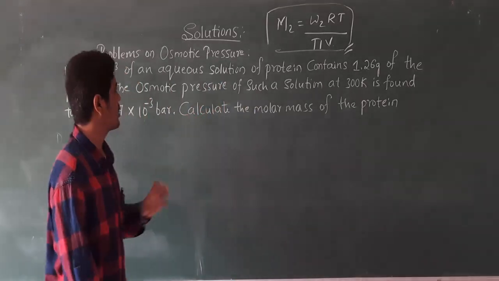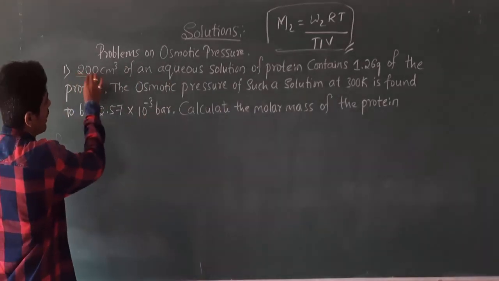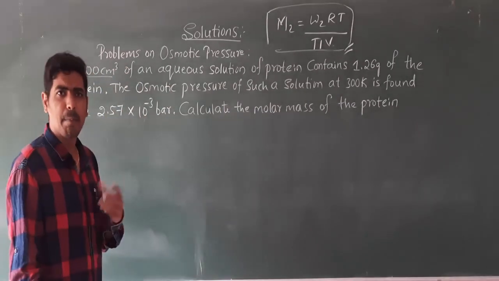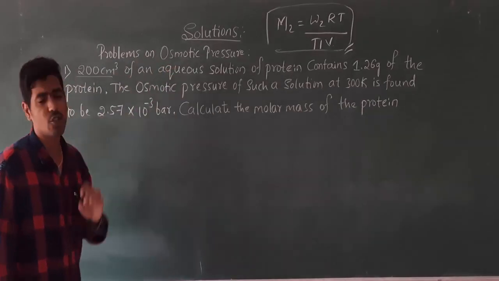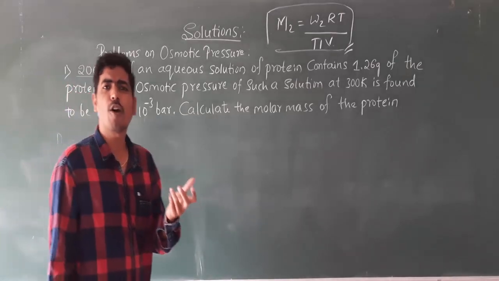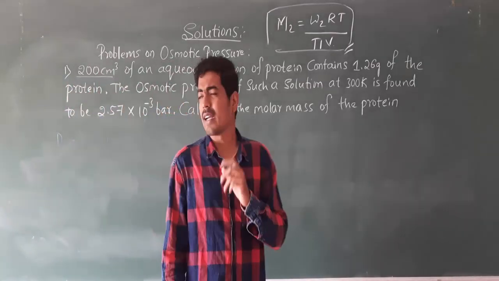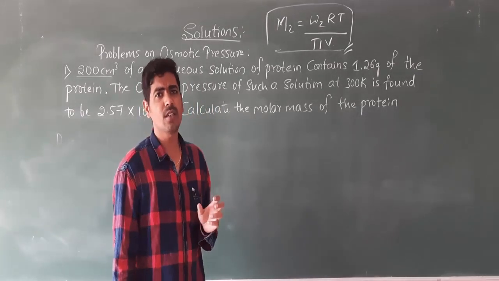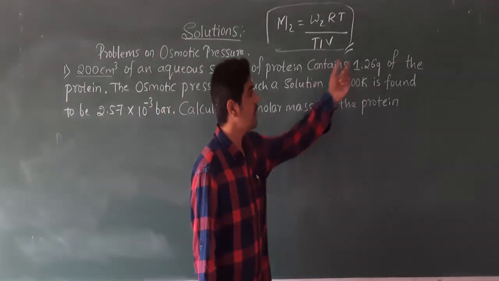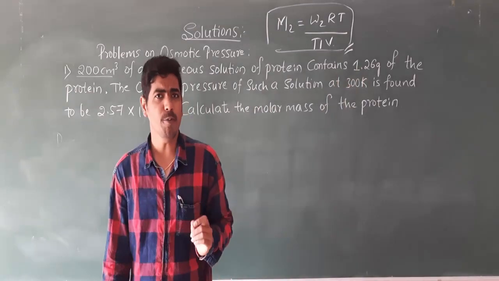So this is the question where they told that we have 200 ml or 200 cm cube of an aqueous solution of protein. A solution of protein is there and its volume is 200 cm cube, and it contains 1.26 gram of protein.